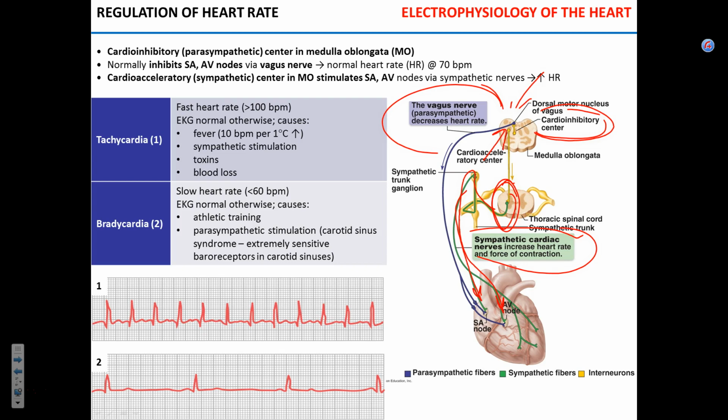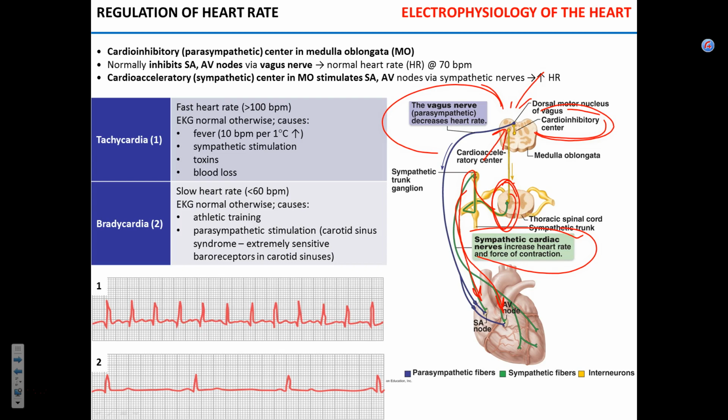So it can be a symptom, or should I say a sign of something. It's not a symptom, it's a sign. Say, sympathetic activation, you're scared, you're stressed. Tachycardia can be a sign of a blood loss, the compensatory mechanism. Fever. You always have higher heart rate when you have fever. Okay? Does that make sense?